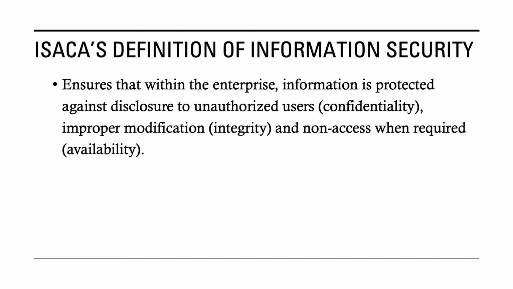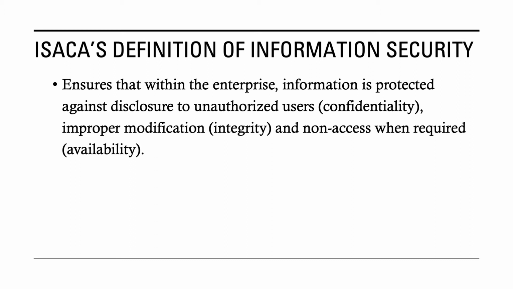So in this context of Cobit 5, which is from ISACA, as we all know, because we've been using it in this course, their definition is that information security ensures that within the enterprise, information is protected against disclosure to unauthorized users. So that's confidentiality. Improper modification, integrity, and non-access when required, or availability.